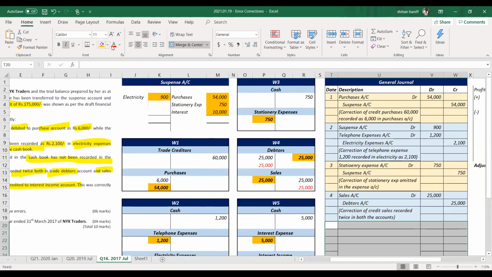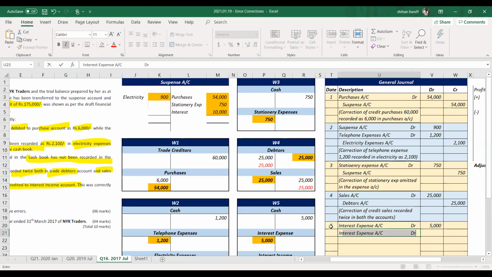Number 5. Interest expense debit 5,000. Suspense account credit 10,000.